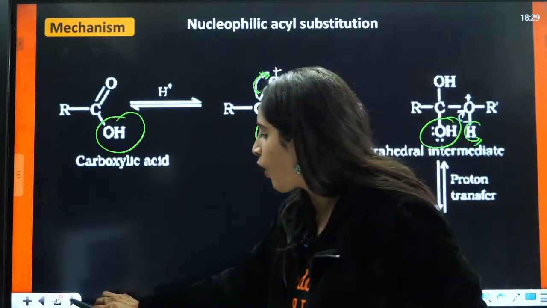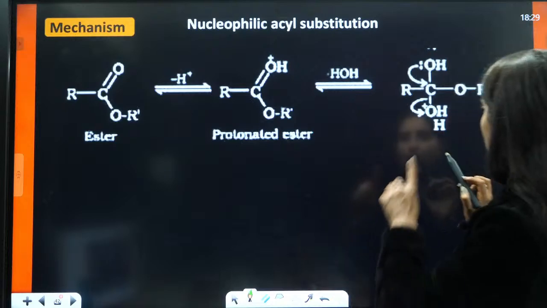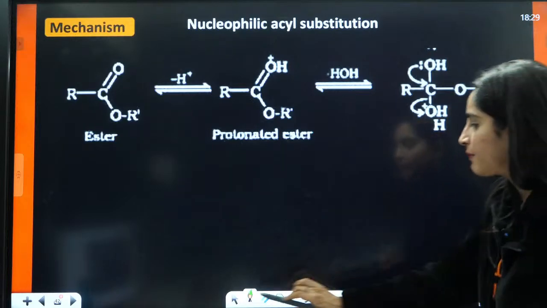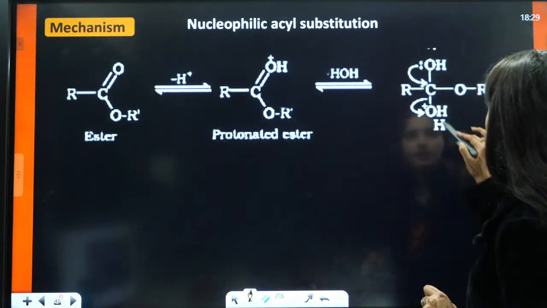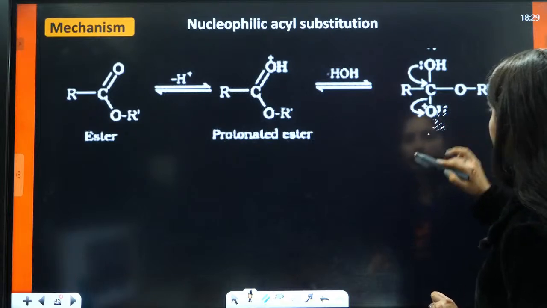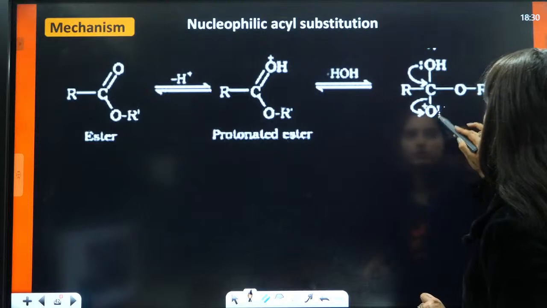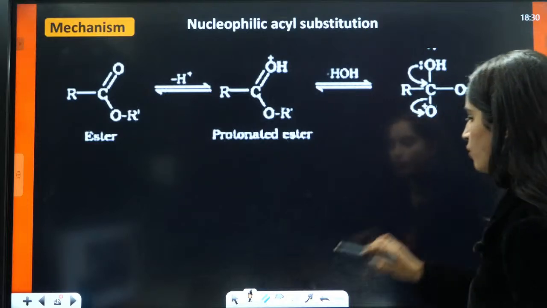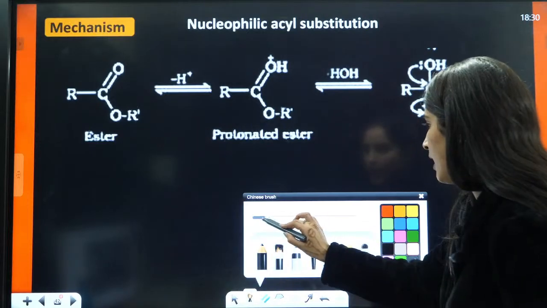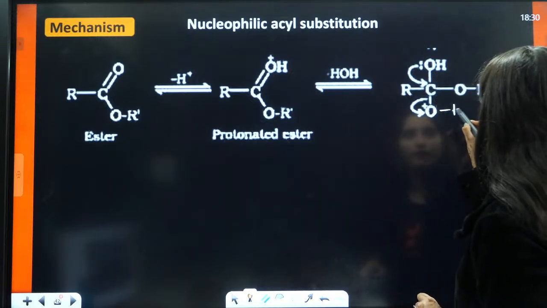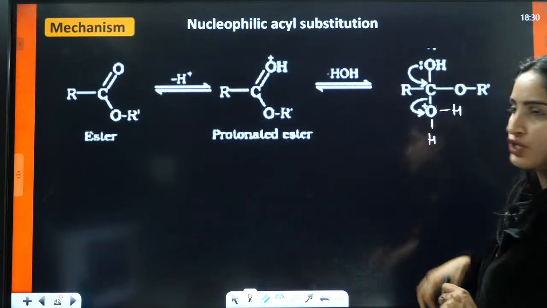And that is how it will become OH2. That means it will become something like this. Wait a minute. This is your O, this is your O, and here you will have H, you will have H here, right?